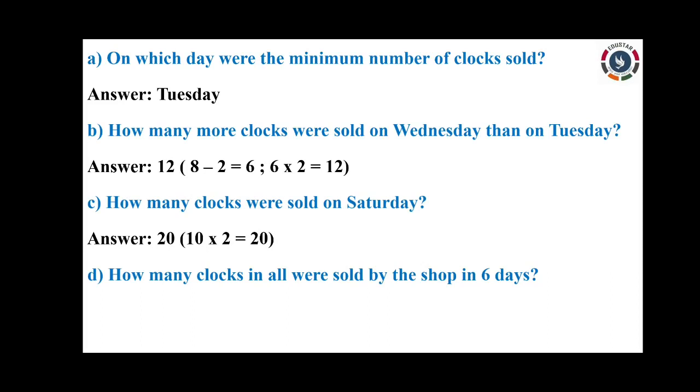So, totally 34 clock pictures are there. 34 twos are 68 because one clock picture is equal to 2 clocks. So, totally 68 clocks were sold by the shop in 6 days. I hope you have understood about pictograph.